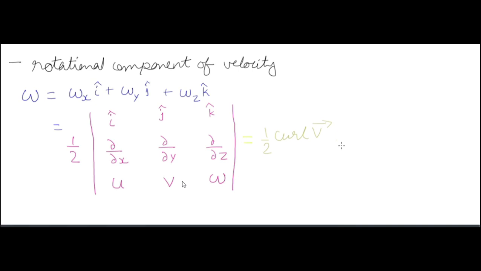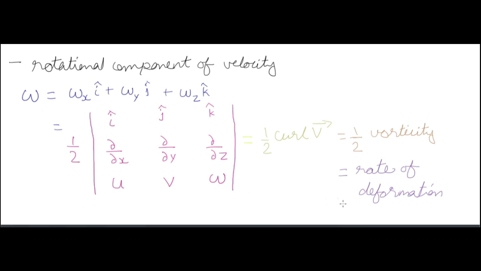The expression of this determinant value is known as curl. So curl of v is equal to half into vorticity. Same thing, curl of v is vorticity, and is equal to rate of deformation.